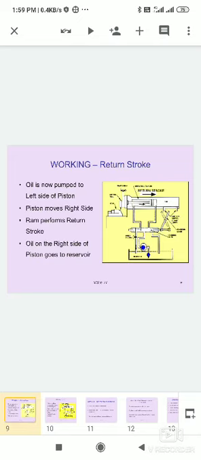Sometimes different types of questions are asked. How many types of quick return mechanism does a shaper have? One is the crank and slotted lever mechanism, another is the hydraulic mechanism, and the other one is the Whitworth quick return mechanism.